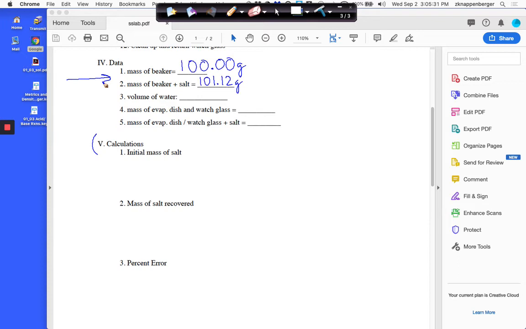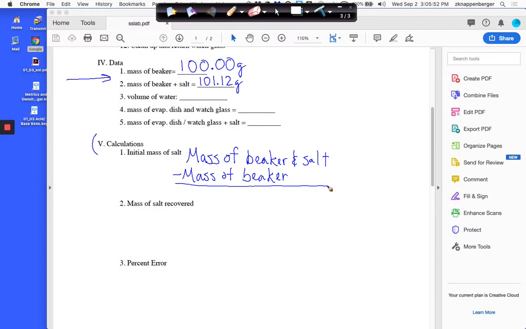Now, it's important the way we represent this calculation, and it looks like this. We will take the mass of the beaker and the salt. From that, we will subtract the mass of the beaker, and this will then result in the mass of the salt.